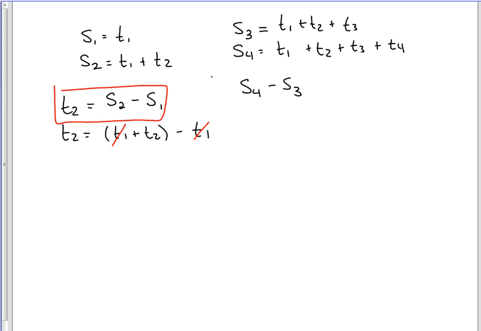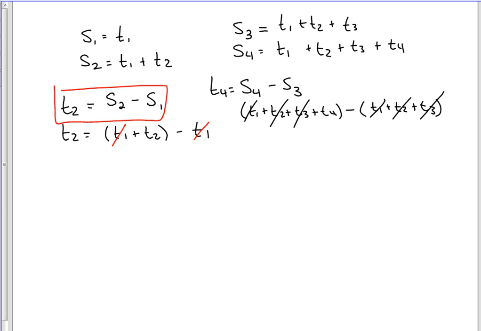T4. The fourth term would be S4 minus S3. If you're given two consecutive sums, the difference is the larger term number. If I subtract these, term 1's cancel, term 2's cancel, term 3's cancel, and we're left with term 4 as the only thing left over.